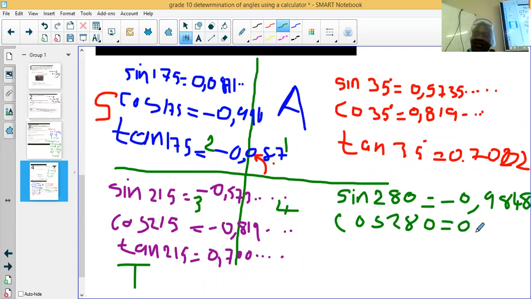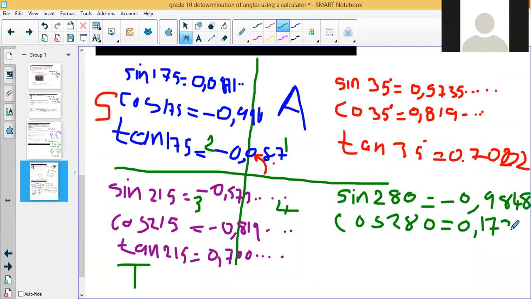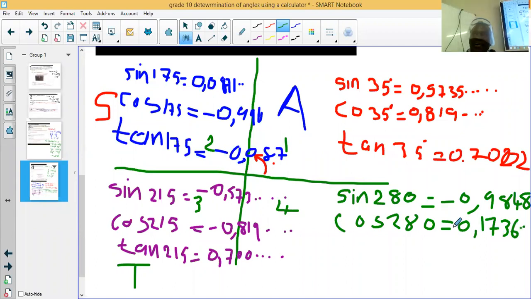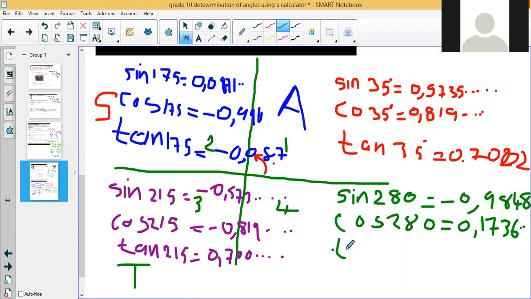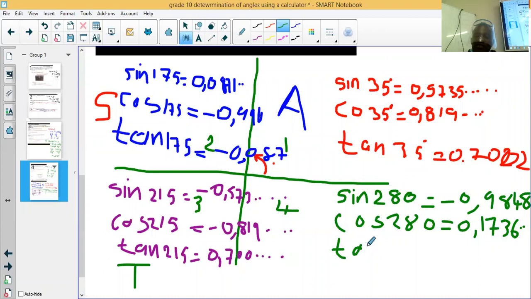On cosine 280, what do you get? 0.1736. Okay. Now, what sign do we have here? Positive. Let's go on to tangent. Tangent 280. What did you get?